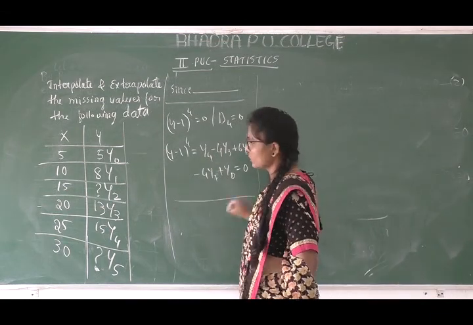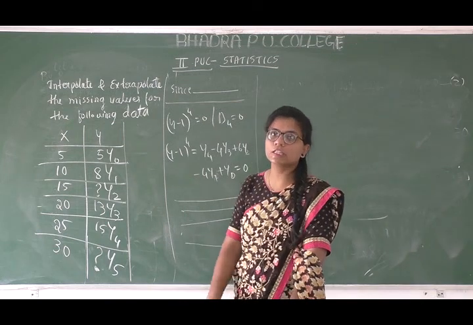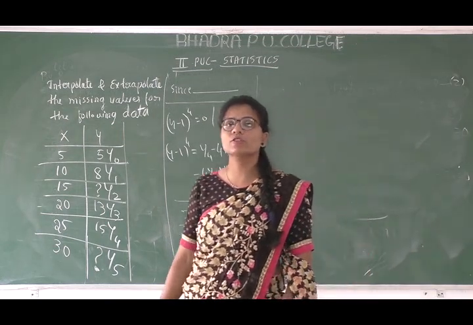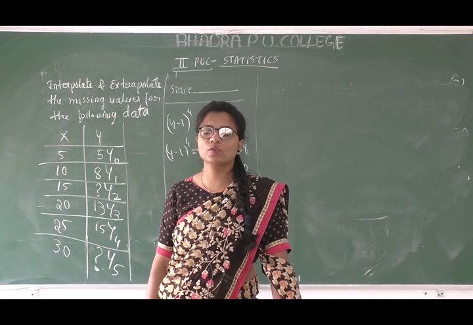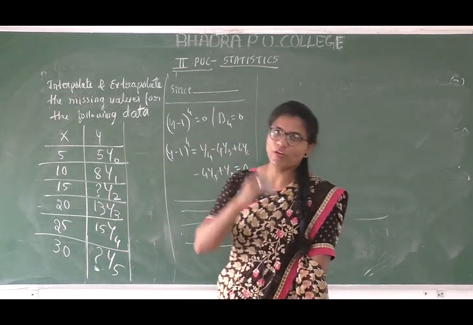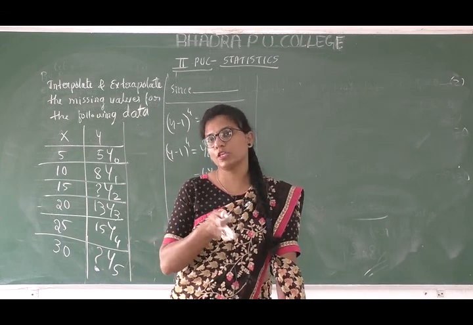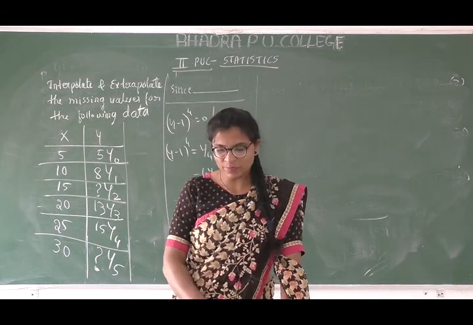The second equation can be obtained by increasing the suffixes of y of each term by 1 and keeping the coefficient the same. So find out the first equation and the second equation, and you will get the answers.